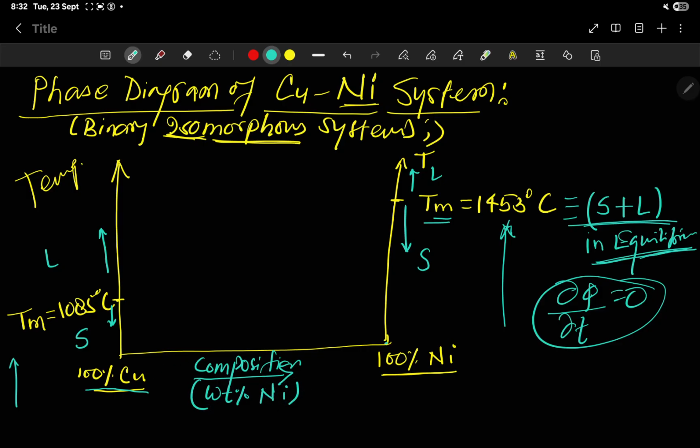So we are adding nickel here, so nickel will be increased. Can you tell me what will be the weight percent of nickel here? It will be 0 weight percent of nickel. And what will be the weight percent of copper here? Here it is 100%, so here it will be 0% copper, as we go from this side to this side.